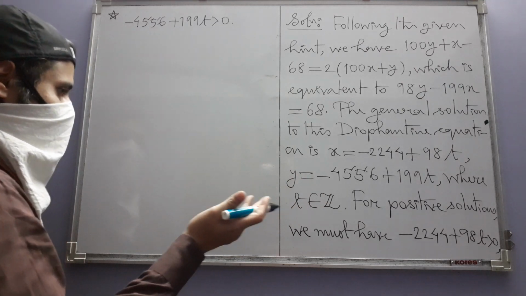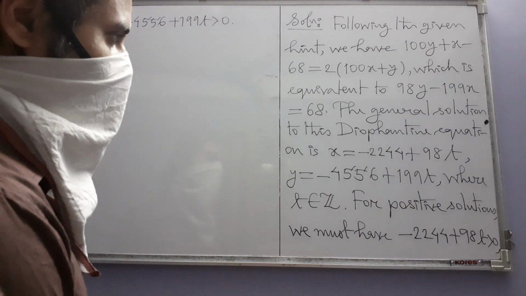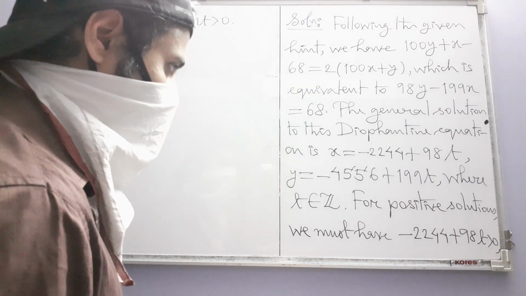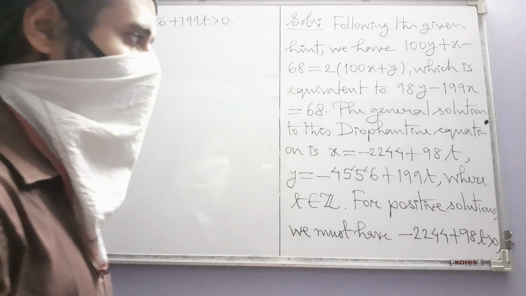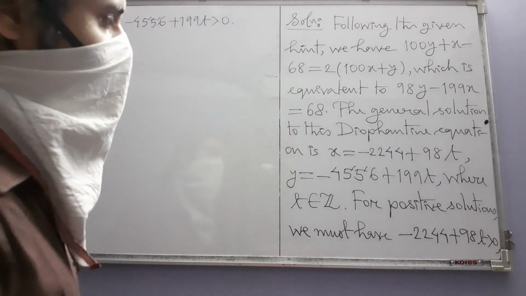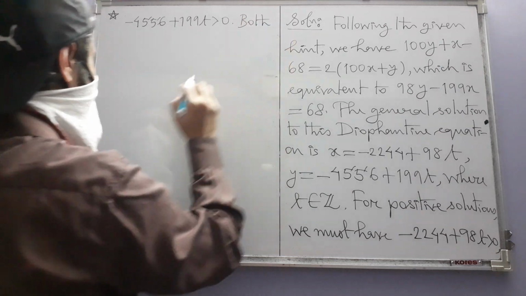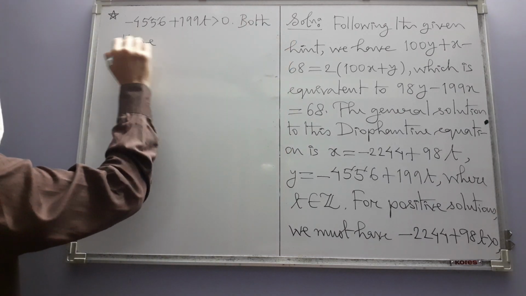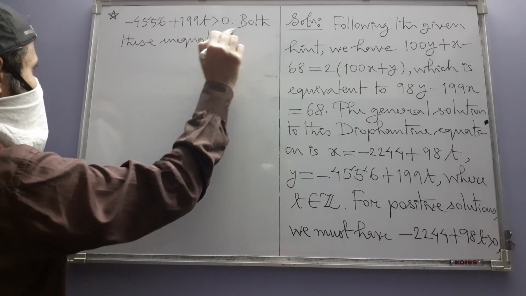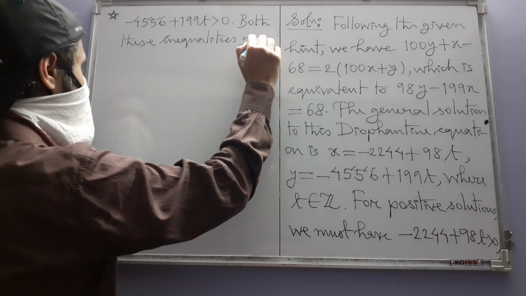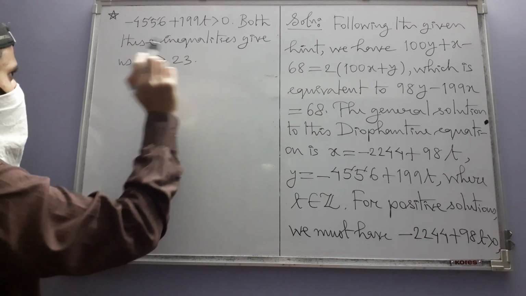We are considering greater than 0 and not greater than or equal to 0. That is because it turns out that when you divide this by this or this by this, you do not get an integer, you get a fraction. So you can just consider greater than 0. Both these inequalities give us t greater than or equal to 23.